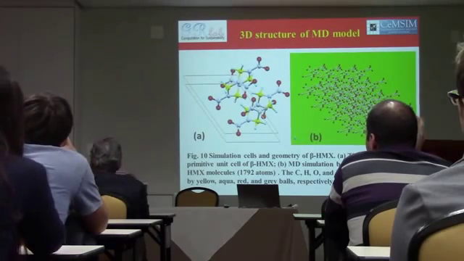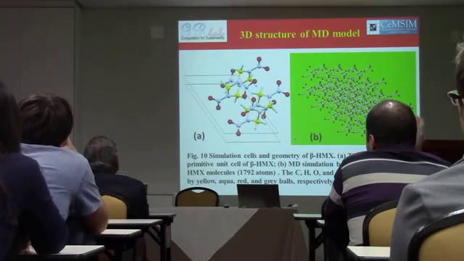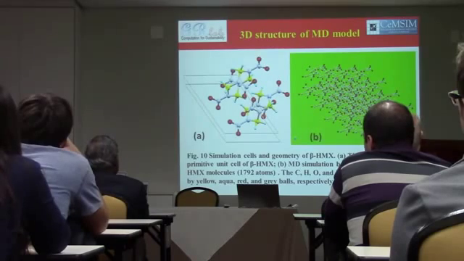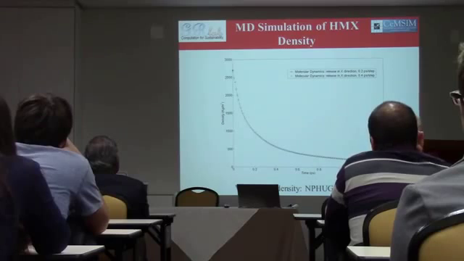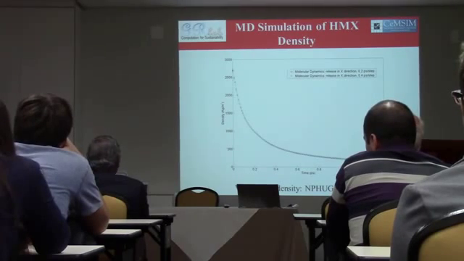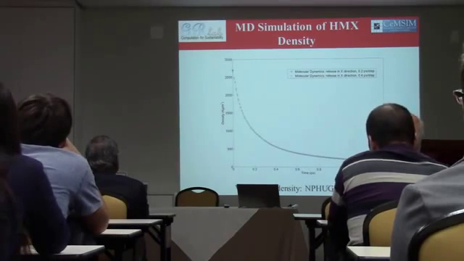The second model we built uses a lot of atoms, about 1,792 for beta HMX. So we use a different model and different ensembles to simulate the process.